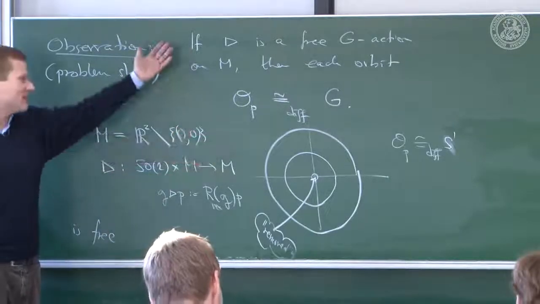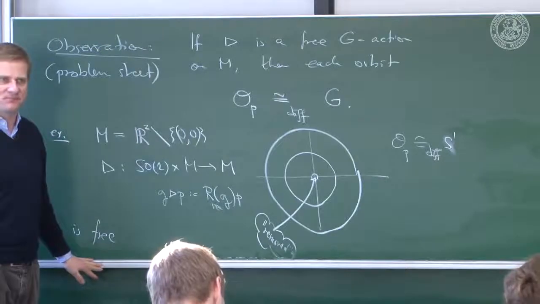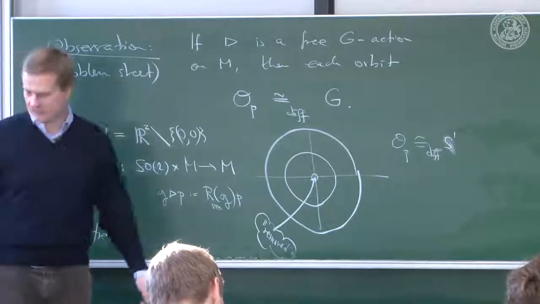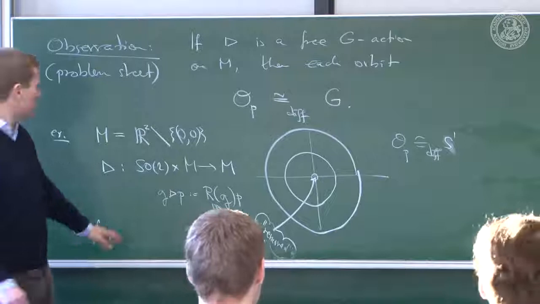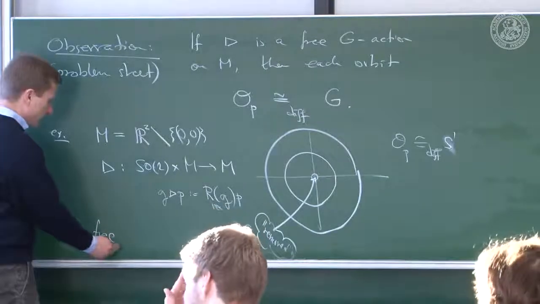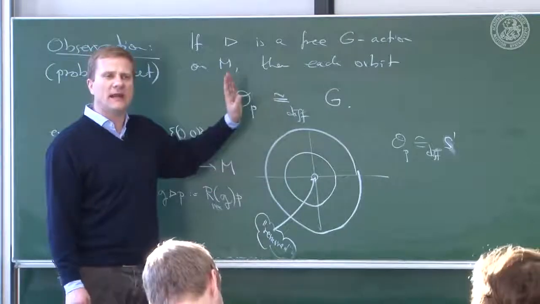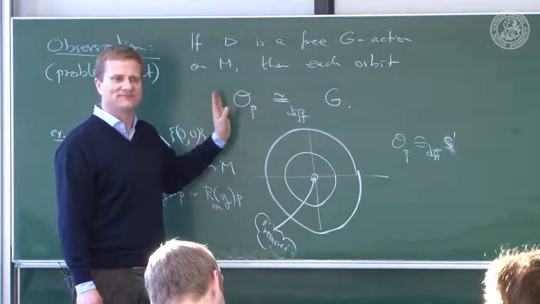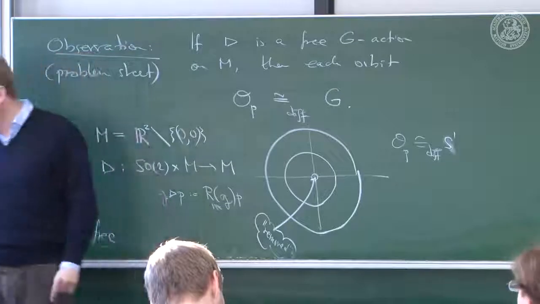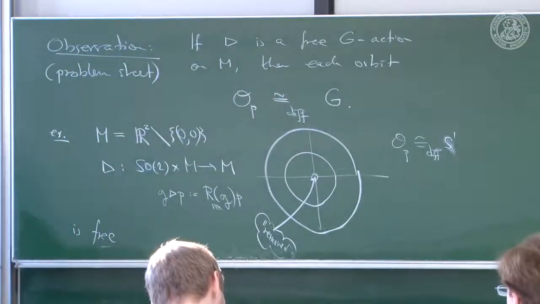It's child's play, very simple. And that's one of the purposes of considering free actions: you know immediately that for a free action, the orbits are isomorphic to the group.